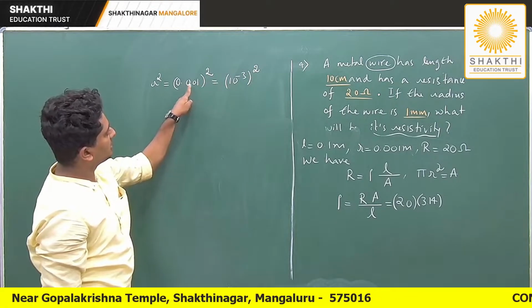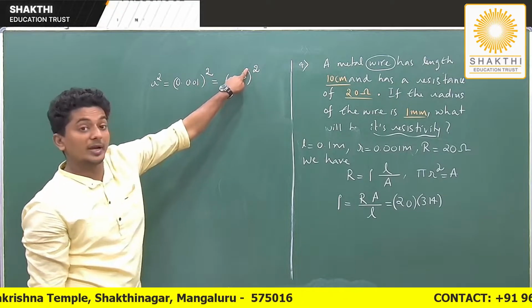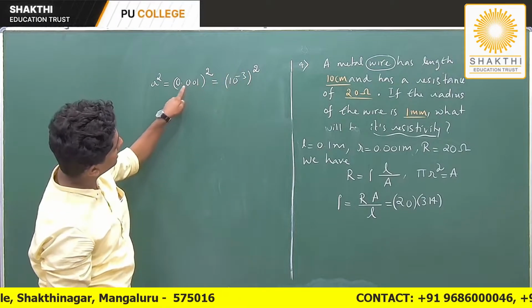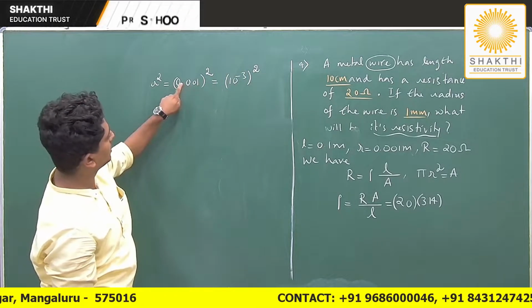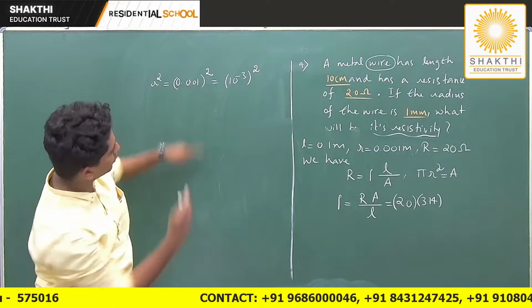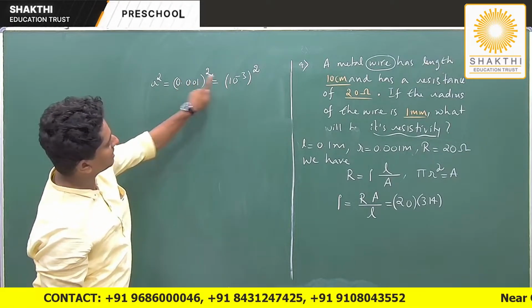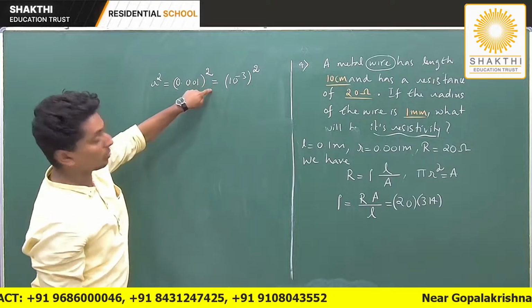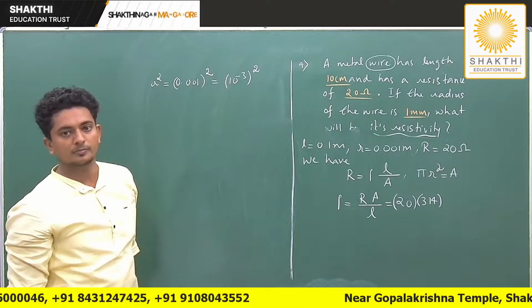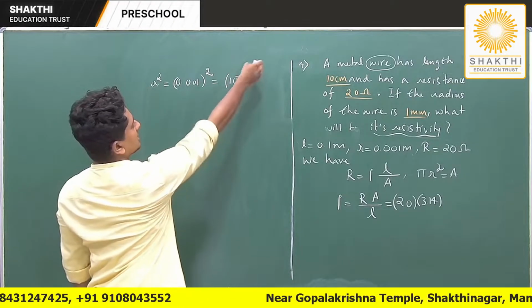So 0.001 means 10 power minus 3. Why 10 power minus 3? Because after decimal you have 3 places. So what you are doing is you are shifting this decimal to the right hand side. Since you are shifting the places by 3, it will become minus 3. If you had one more, it would have become minus 4. Okay. So I have 10 power minus 3 square.